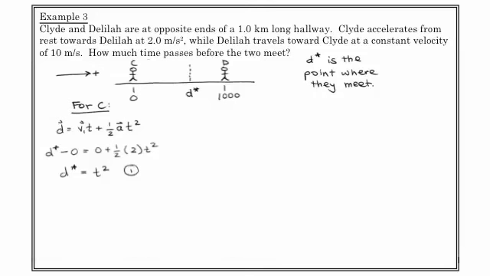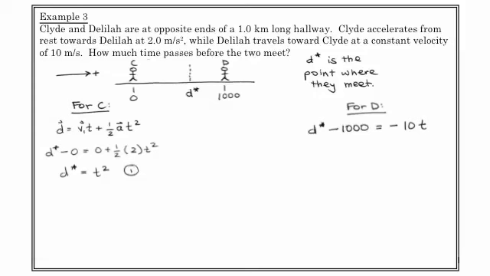And the other place that we're going to look is, of course, her and what motion she's having. And so we can say, okay, well, what's going on now with Delilah? Well, she's starting at 1,000. She's ending at where they meet. So d2 minus d1 is her displacement. So d2, which is d star, minus 1,000.